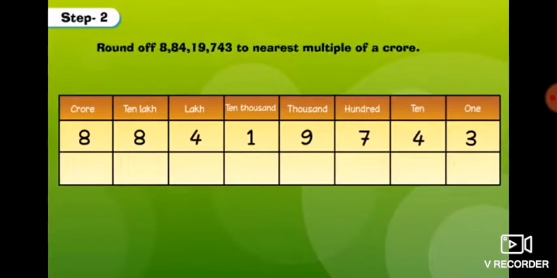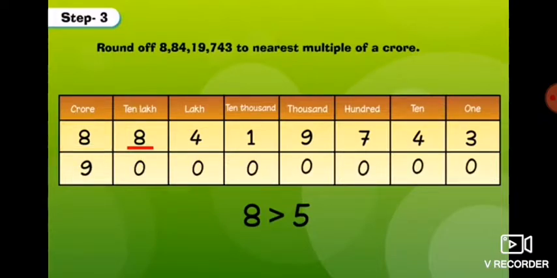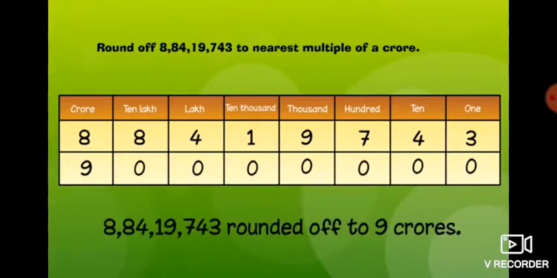Step 2. So, we underline the digit in the 10 lakhs place. Step 3. The underlined digit is greater than 5. So, we increase the digit in the crores place by 1 and replace all other digits with 0. Thus, 8 crores 84 lakhs 19,743 can be rounded off to 9 crores.